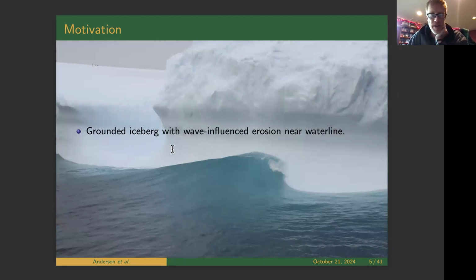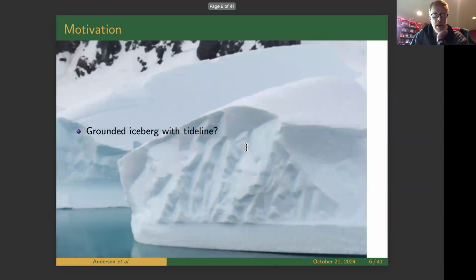And there's some interesting wave-influenced erosion near this water line. There's possibly some things going on with the tide. So with a grounded iceberg, the water line will go up and down. Obviously, I think I probably took this picture because I like this kind of broken structure, but then realized there's something interesting happening down here as well.